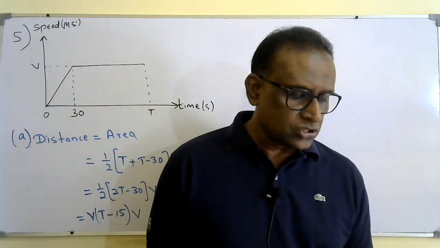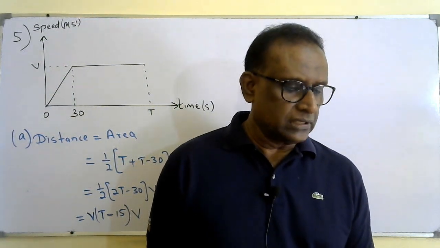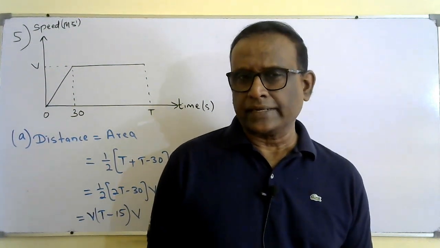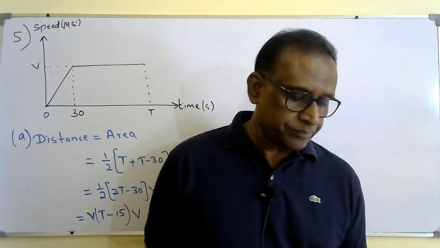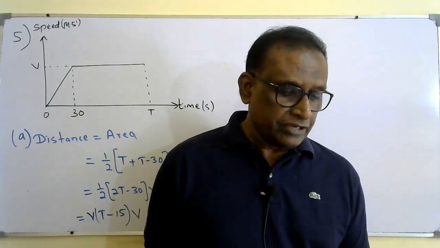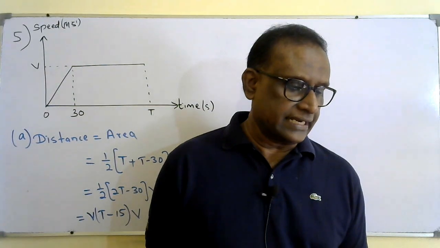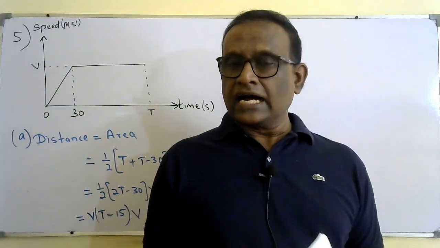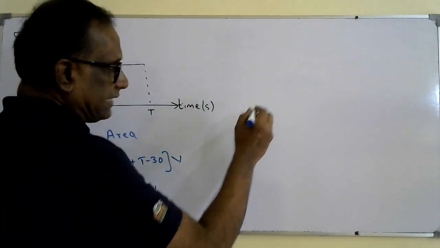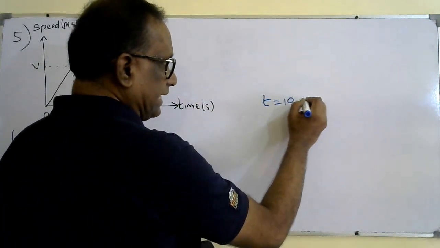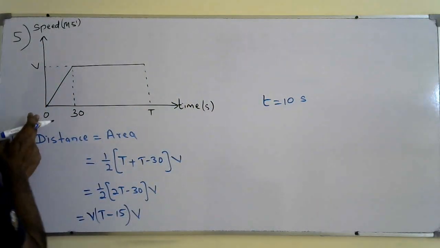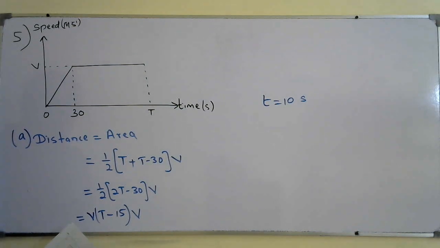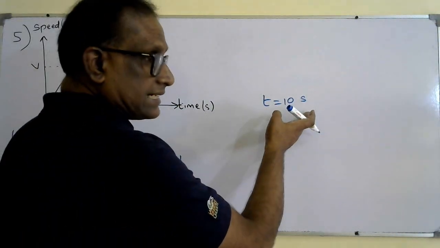A motorbike also travels along the same road. The motorbike starts from rest at time t equals 10 seconds, so it's starting 10 seconds later, and accelerates uniformly for 40 seconds. Because the time starts at 0 when the car starts its motion, the motorbike starts 10 seconds later.